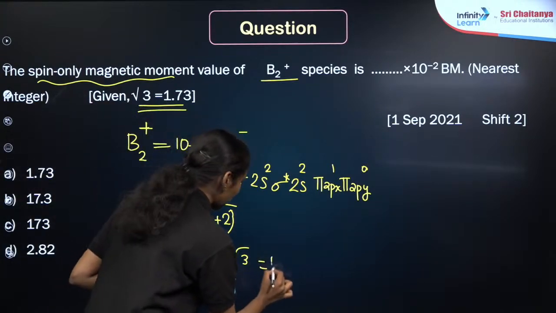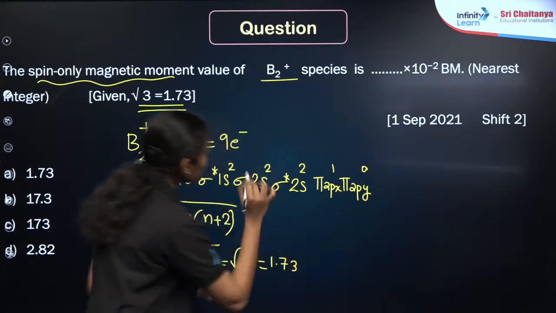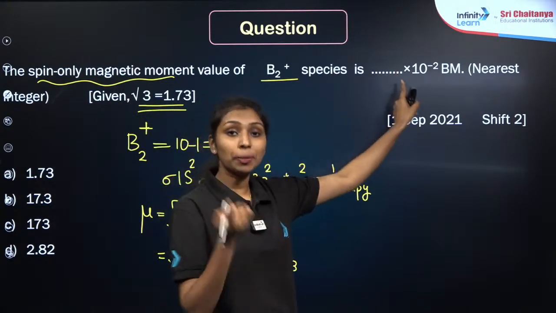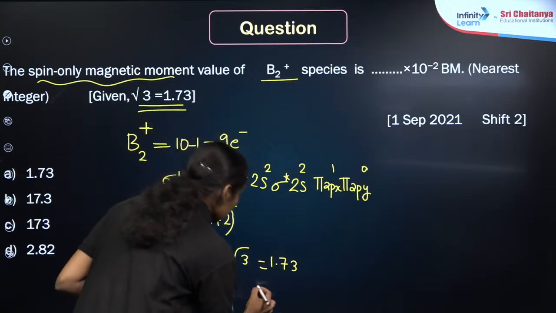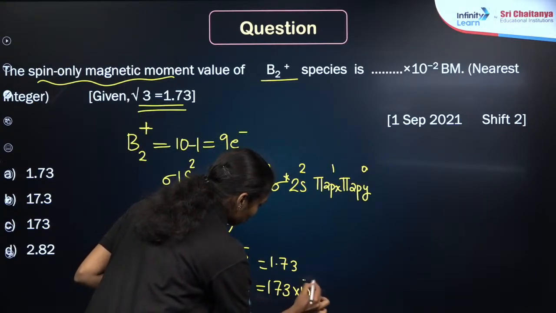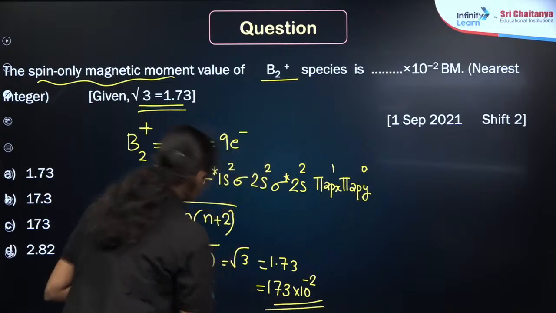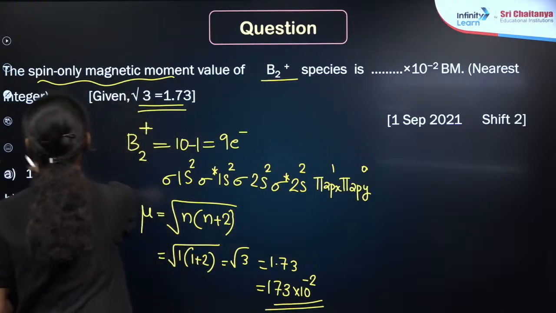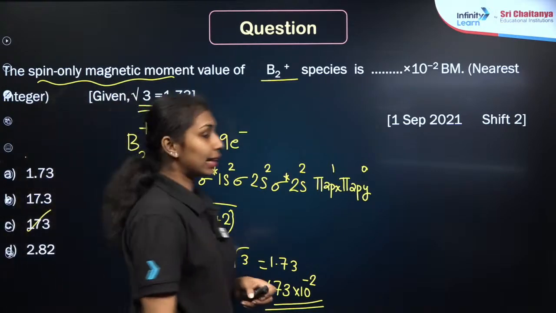But our question asks what the value is, given as dash into 10 to the power minus 2. So we can take it as 173 into 10 to the power minus 2, which means option C will be the correct answer. Clear?